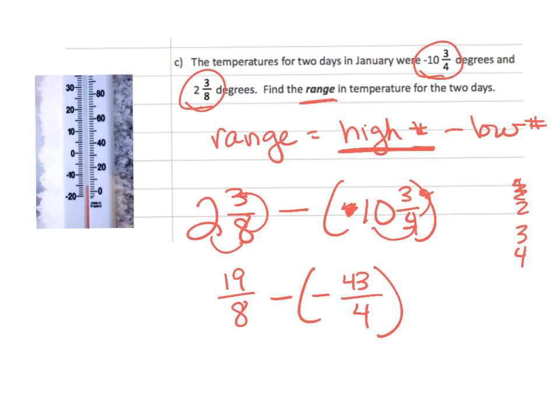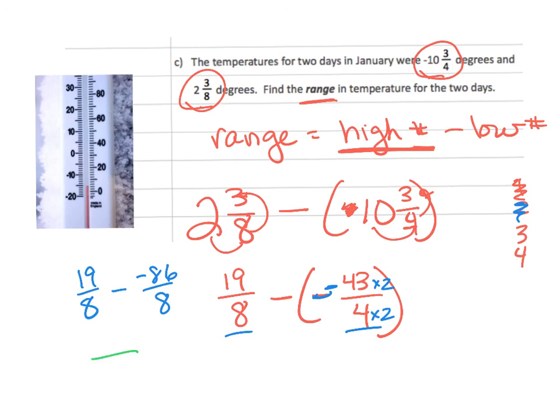There's step 1. Step 2, common denominator. We have 19/8, and then 4 times 2, and I'm going to move this negative up there with that, minus, and let's say it's a negative 86 over 8. There's step 2.